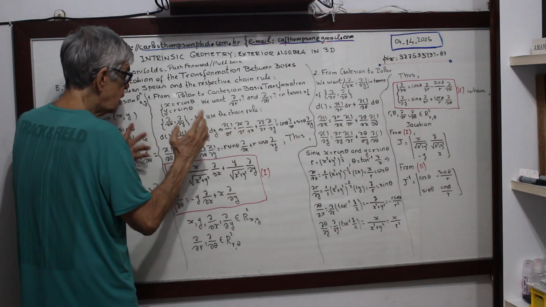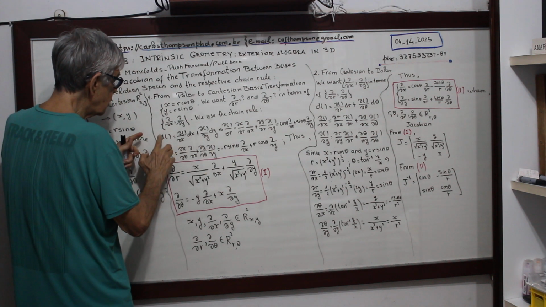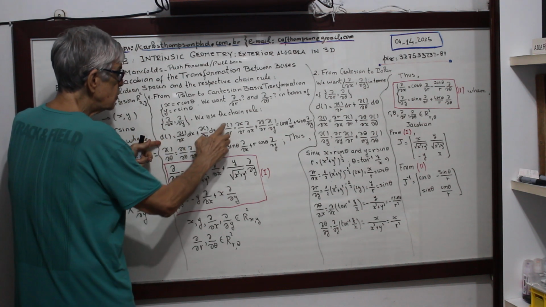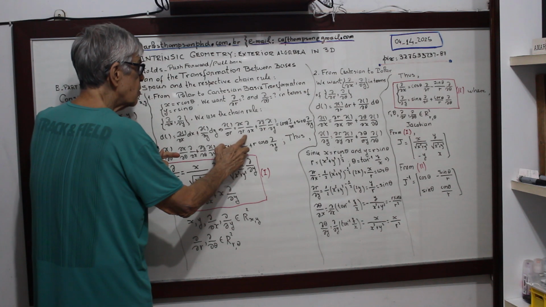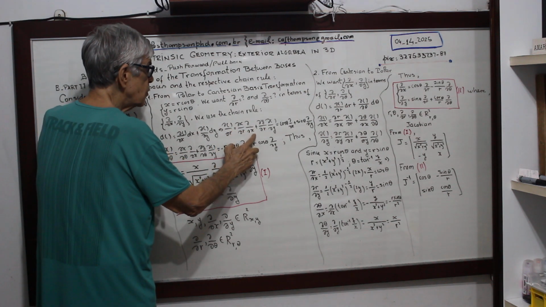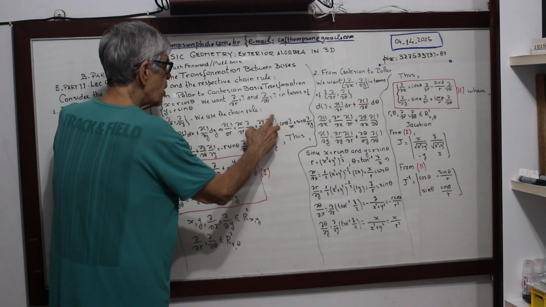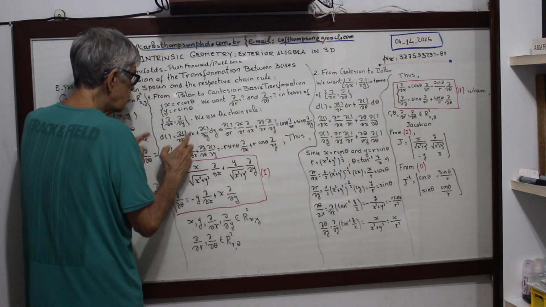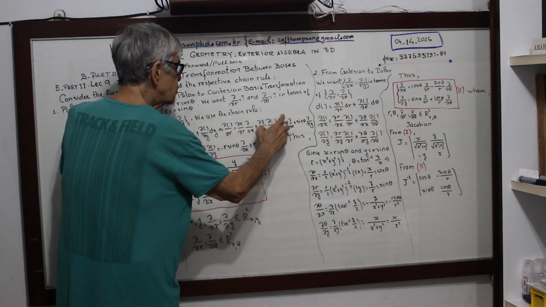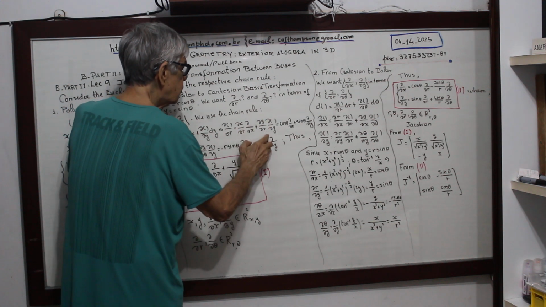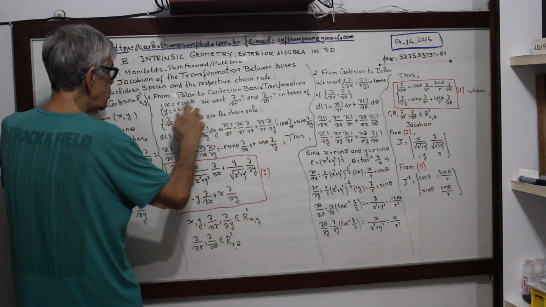This implies, attention now, by the chain rule, partial with respect to r is partial x with respect to r times partial with respect to x, plus partial y with respect to r times partial with respect to y. But partial x with respect to r is cosine of theta, and partial y with respect to r is sine of theta. You just substitute from here.